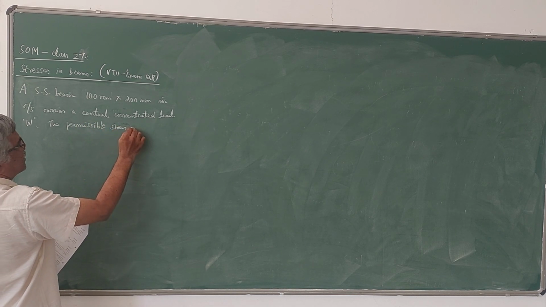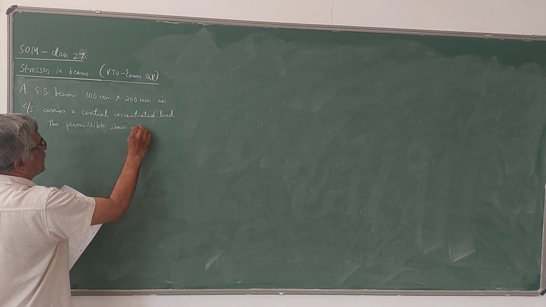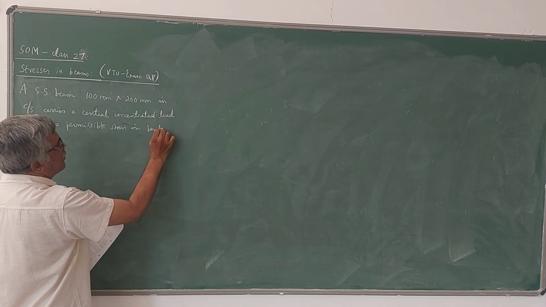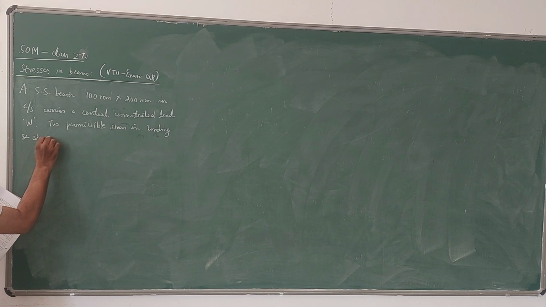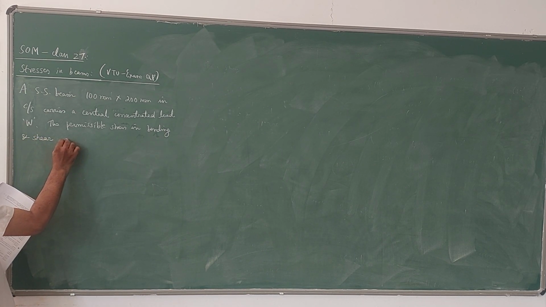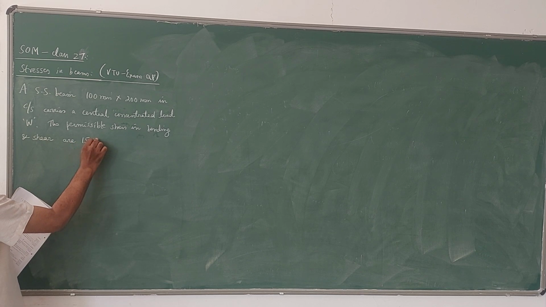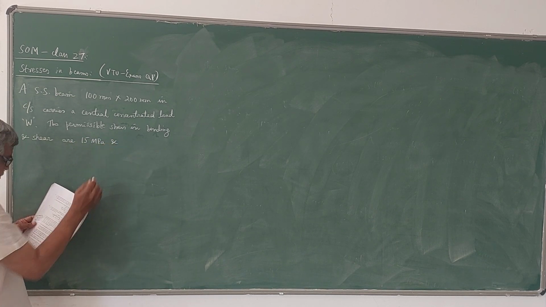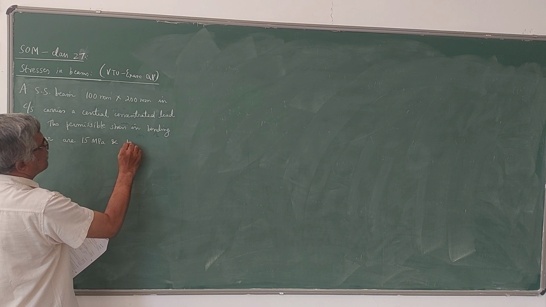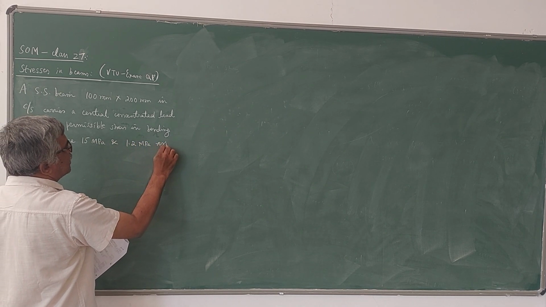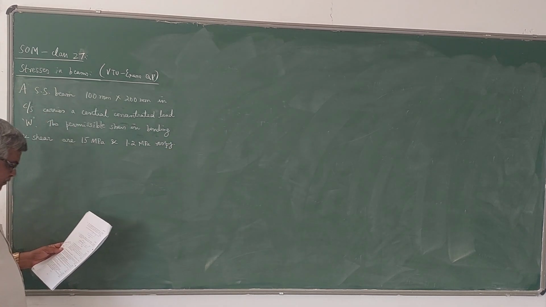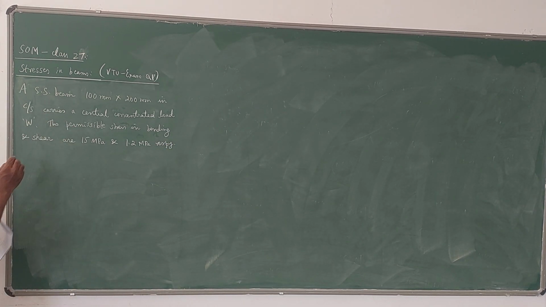Permissible stress in bending and shear are 15 MPa and 1.2 MPa respectively. Determine the shear flow W.